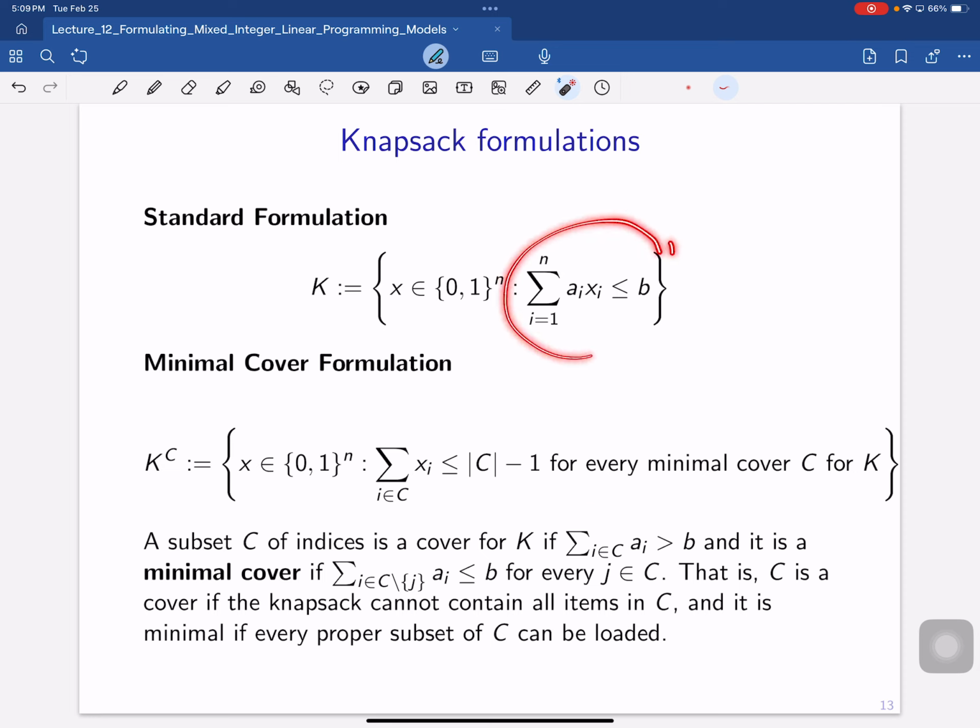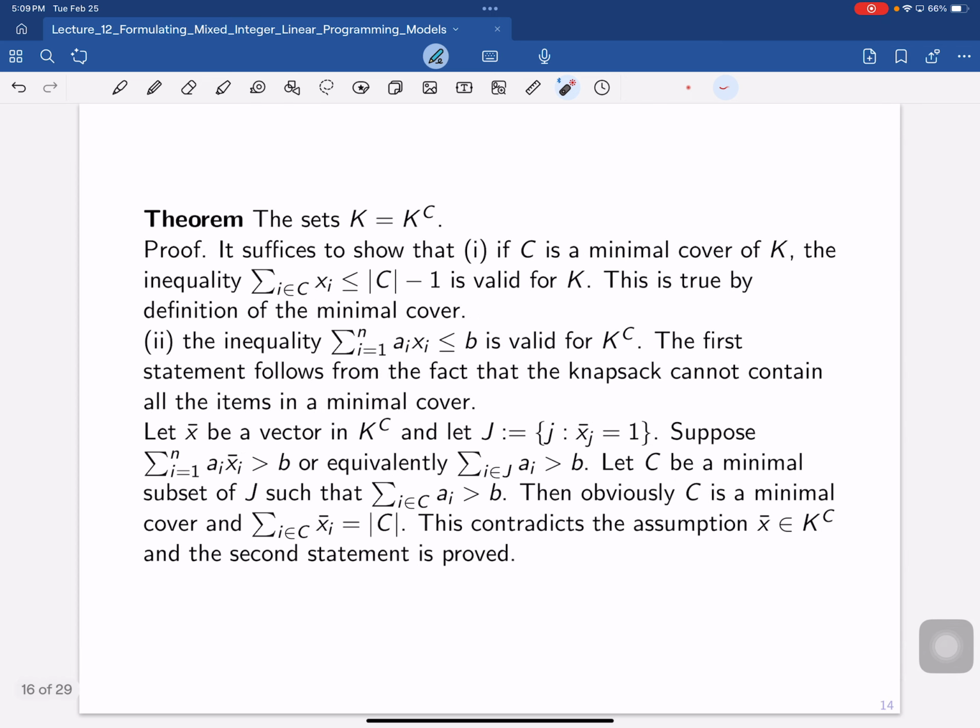This may not be that trivial, so let's show you the proof here. We already said one direction. The first direction is true by definition, so the first statement follows easily. And then the second statement: if you assume x bar is in the minimal cover set, let's consider all the items that equal 1 in the minimal cover set, and let's prove by contradiction.